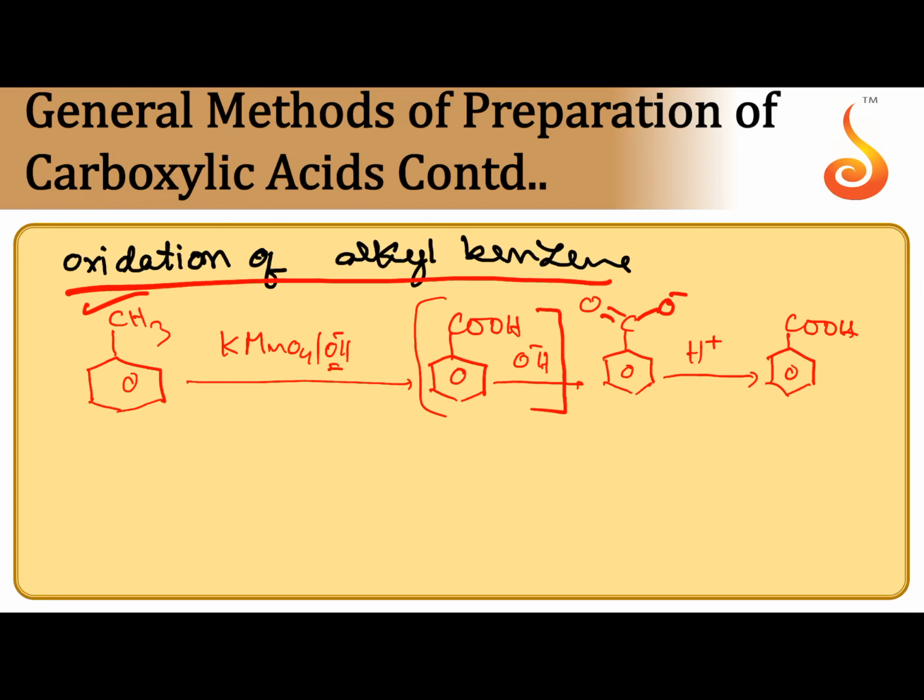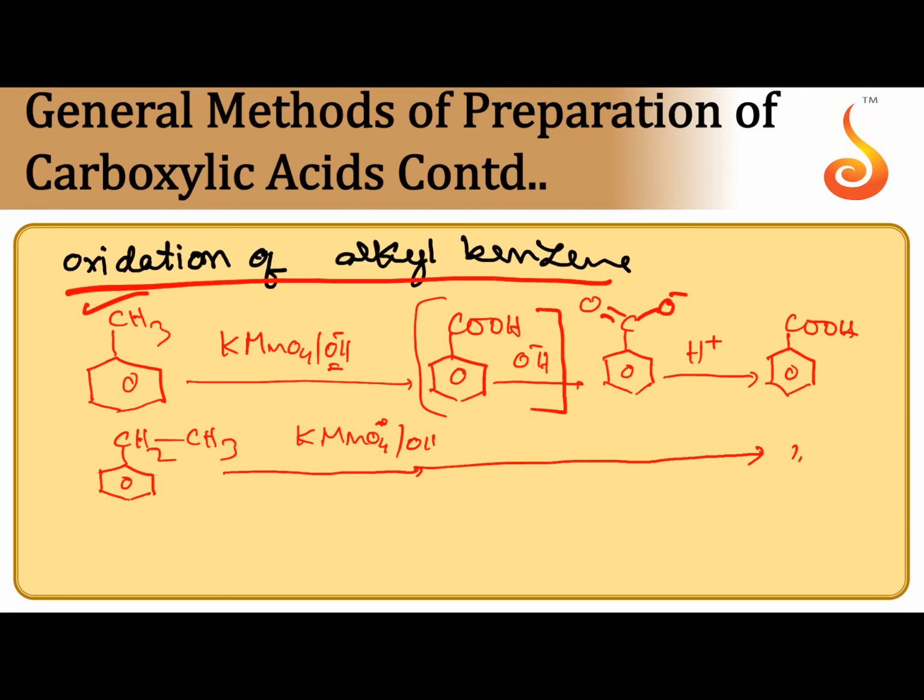So remember, the CH3 part is converted to COOH. Any alkyl group attached to the benzene ring gets oxidized to COOH. Suppose you take an ethyl group, that also is finally converted into benzoic acid after the reaction with alkaline potassium permanganate followed by acidification, we get the same benzoic acid. So irrespective of the type of alkyl group, it undergoes oxidation to give benzoic acid, but the byproducts may be CO2 and H2O.